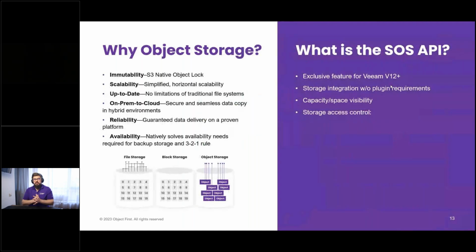So object storage is the technology which uses global namespaces. It has the advantage of S3 native object lock. This is a proven technology, so it has been invented probably by AWS, or they acquired someone once upon a time, and it's used in the global data centers of the largest hyperscalers, and everyone adopts it.